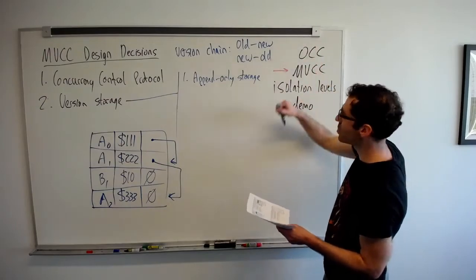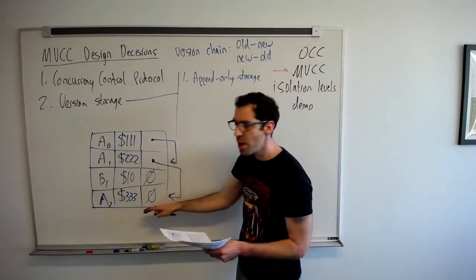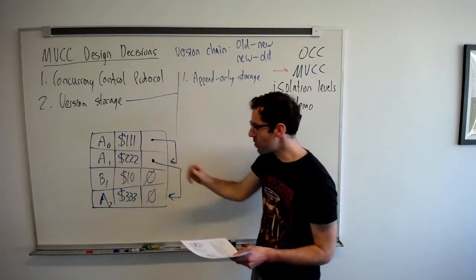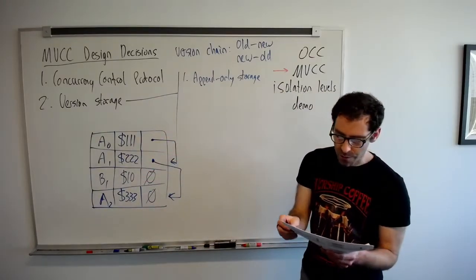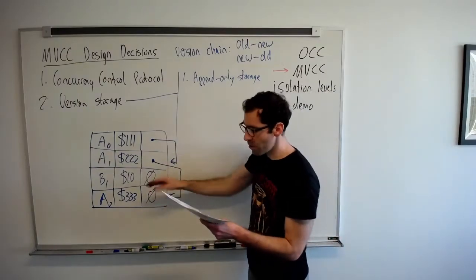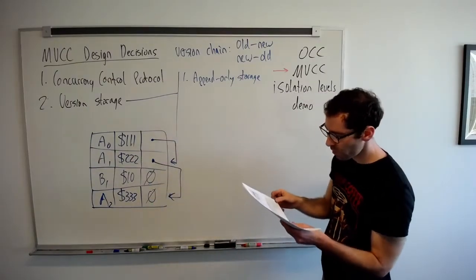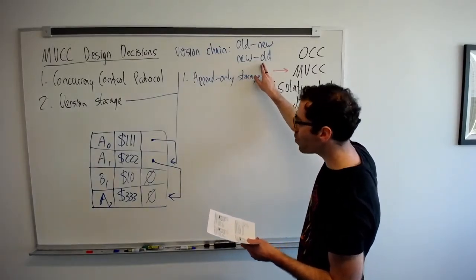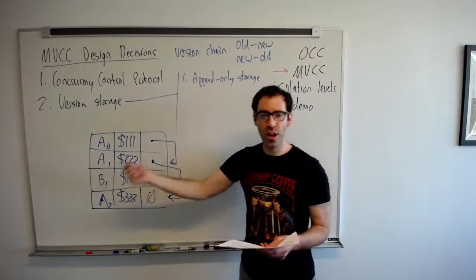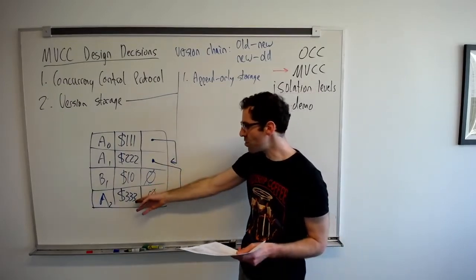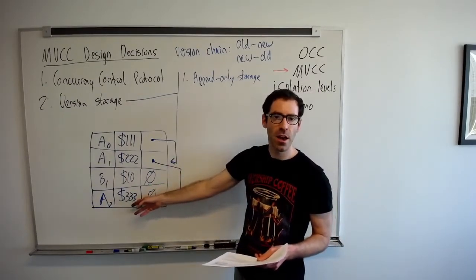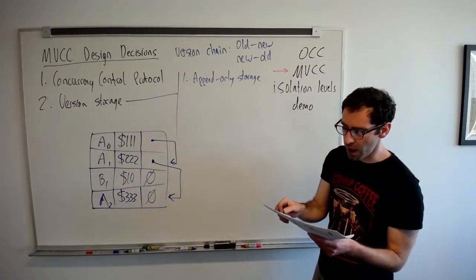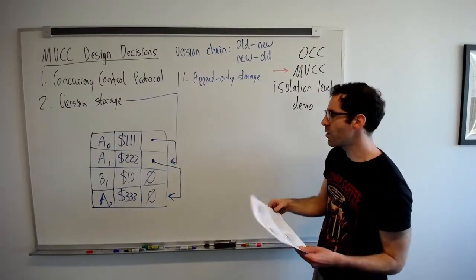When we have old to new, we have to traverse our version chain, our linked list, in order to find the version we're looking for. If we have new to old, then new transactions will be able to just take the thing at the head of the list. They won't need to traverse through it to find what they're looking for.